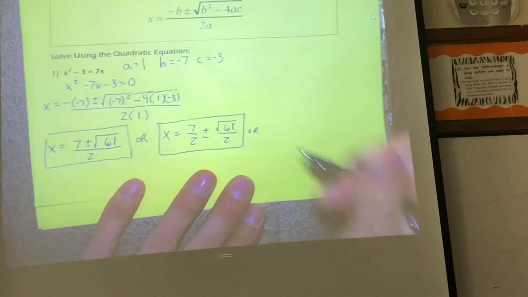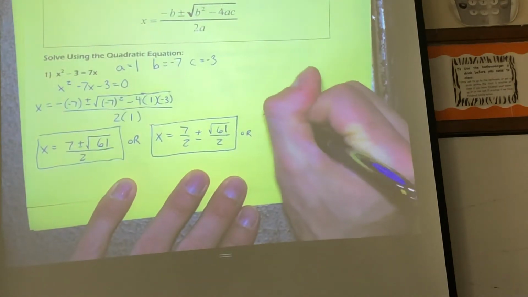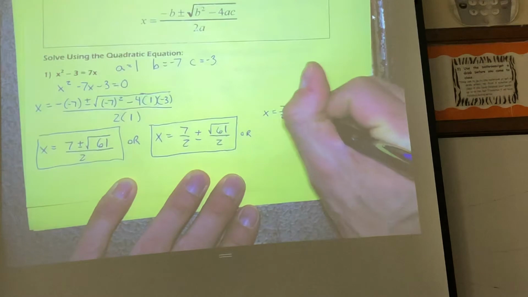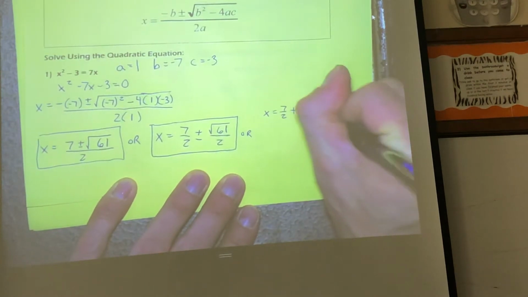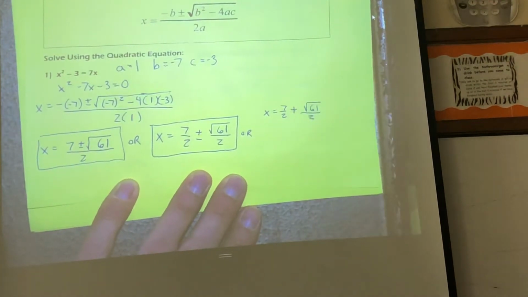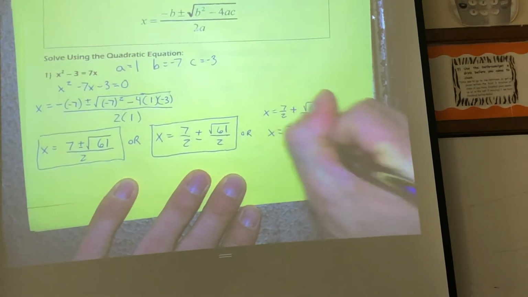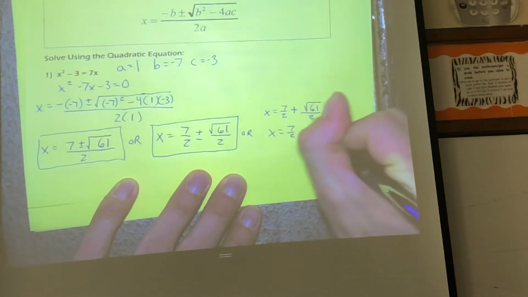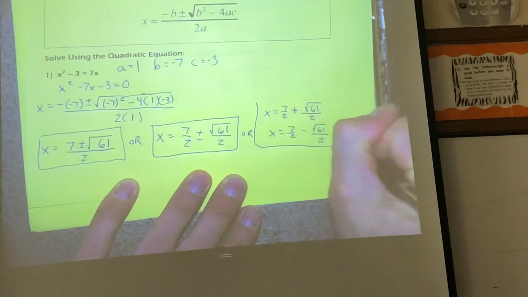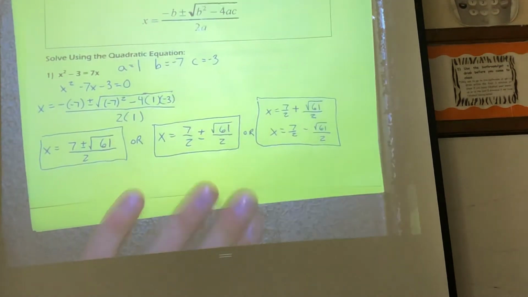So I would have x is equal to 7 halves plus radical 61 over 2, and x is equal to 7 halves minus radical 61 over 2. Those are 3 ways you can represent the exact answer.